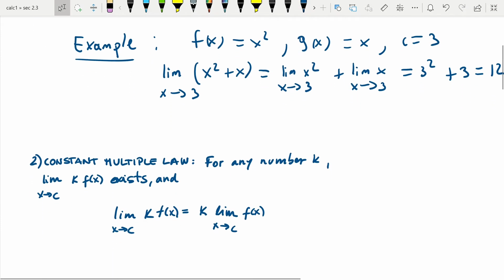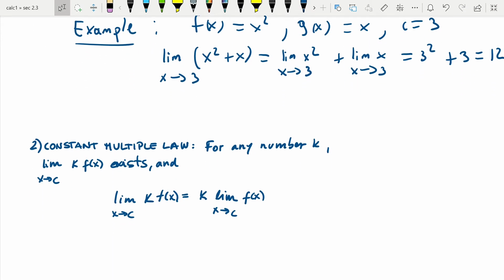Now the constant multiple law tells us that if you have any number k and you're multiplying a function, then you can bring the k out of the limit.